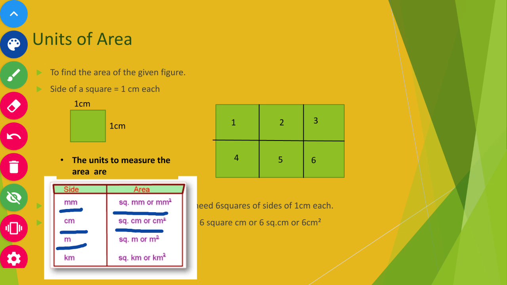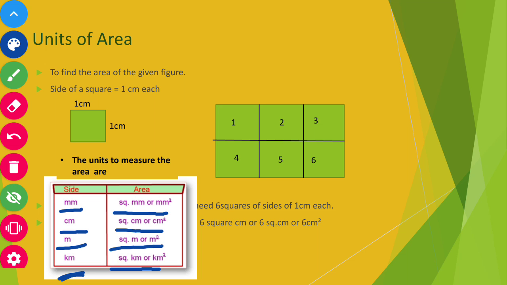If the side is in meters, we measure the area as square meters or meter square. If the side is in kilometers, then we find the area using the units square kilometer or kilometer square. Is it clear?